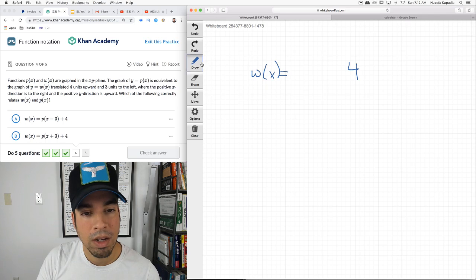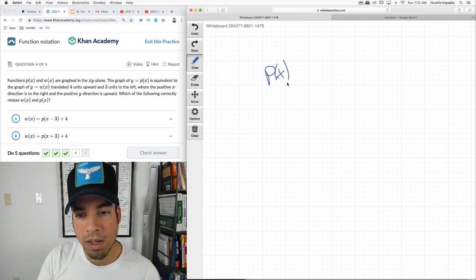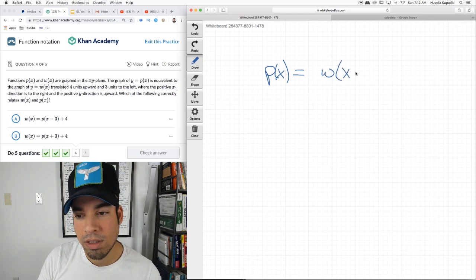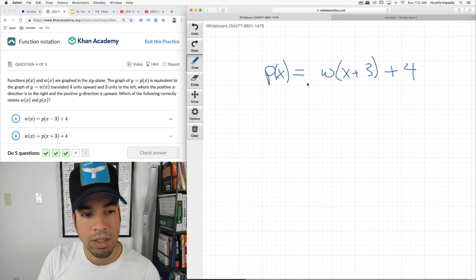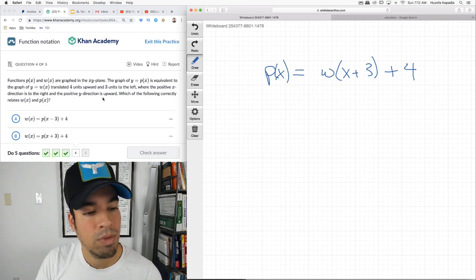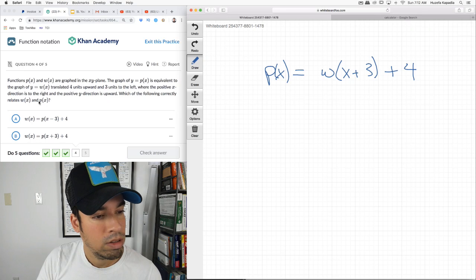P of x is the same as w of x translated 3 units to the left and 4 units up. Okay, so I'm just getting an equivalent thing here. I'm setting it up, and that's all they want you to do, right? Where positive x direction is to the right, positive y direction is upward, which relates the following.